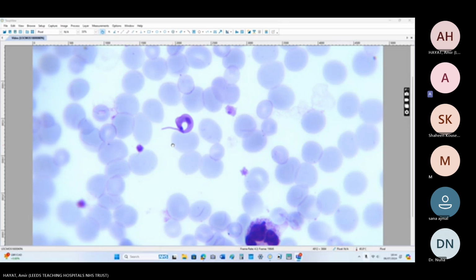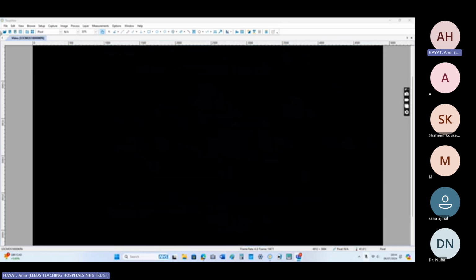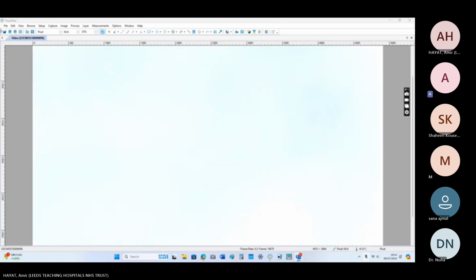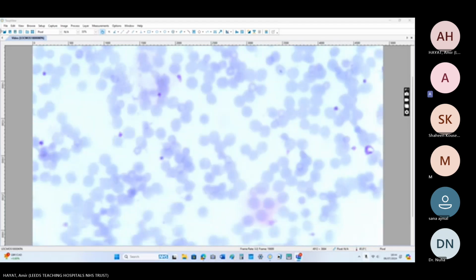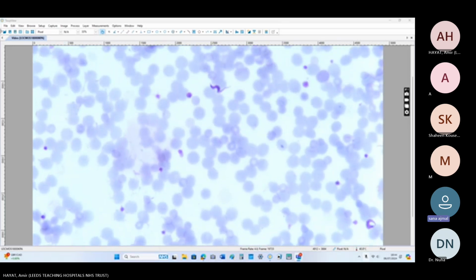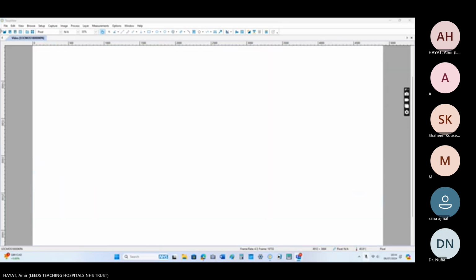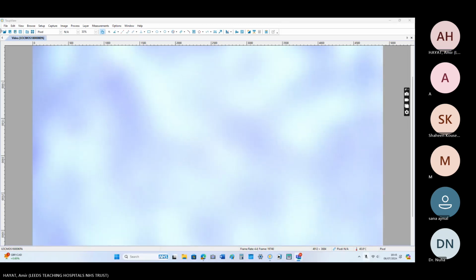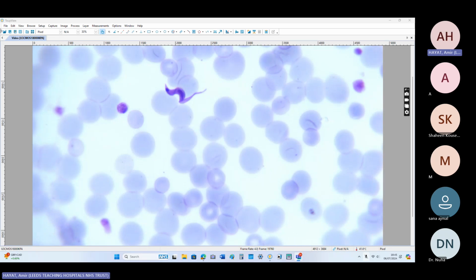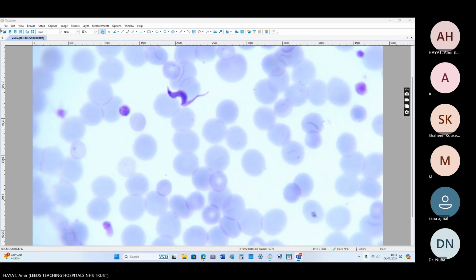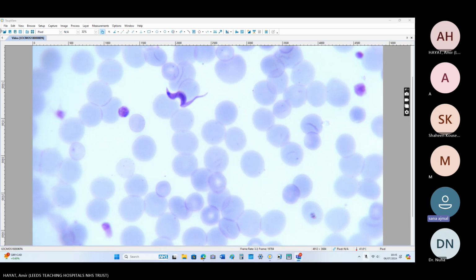Show us some straight one. Okay, then I have to search for that. Yes, because this is curled up, so it gives that impression. The tail is hugging the face. This one here is still big. Yes, it looks like a trypanosoma.